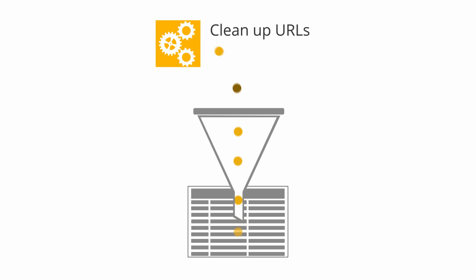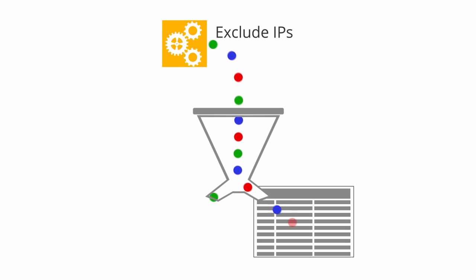During processing, Google Analytics checks each data hit against your filters. If a hit matches the logic in a filter, that data is modified. If you exclude traffic from a specific IP address, for example, any hit coming from that IP address will be permanently removed from your report data.